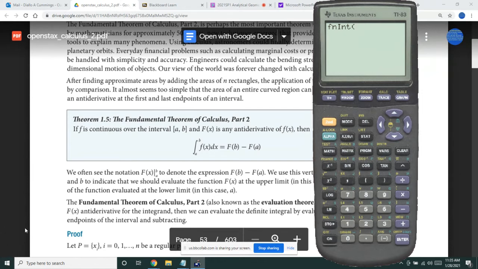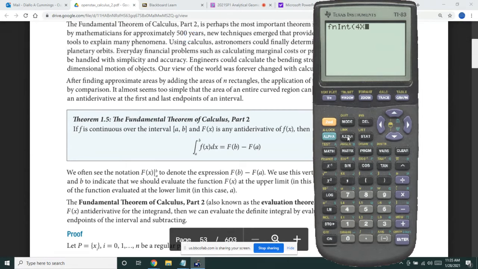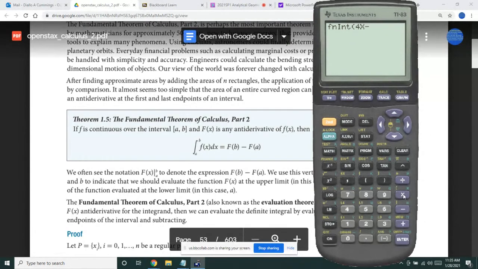So I'm going to put in our function, and our function was 4 minus 2x raised to the 3/2 power. Now, since my power is a fraction, I'm going to put 3/2 in a set of parentheses.